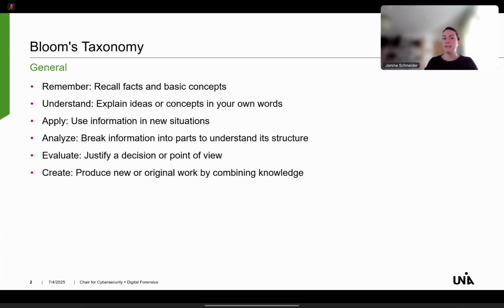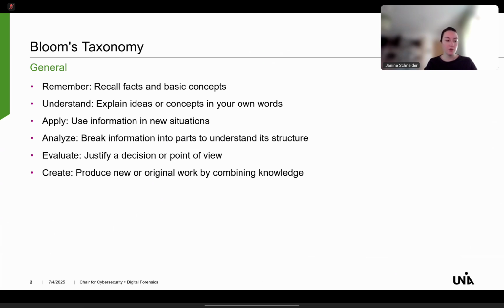Unfortunately, I hadn't had the time to prepare Bloom's taxonomy for this lecture, but I will add it after the lecture. But still, I think from the general taxonomy, you already get an idea of what you should be able to do after the lecture.